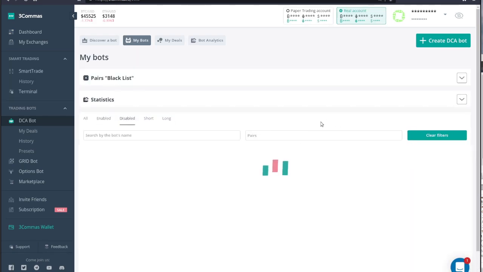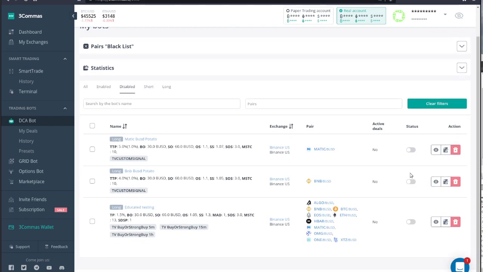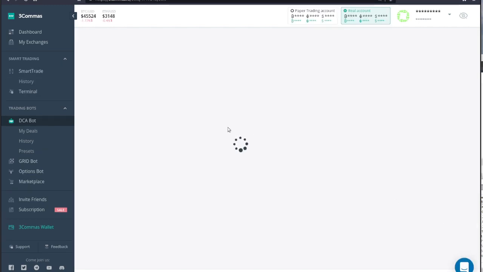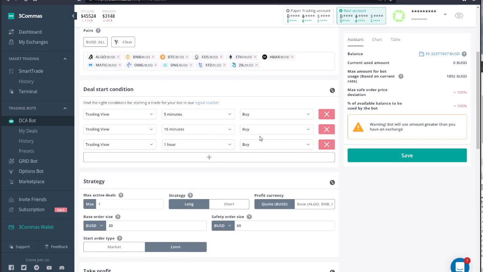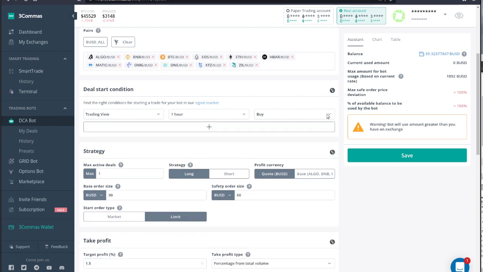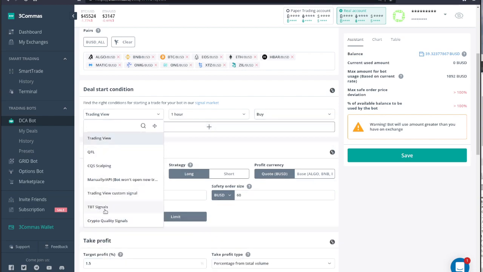I'll take a look at the disabled ones just as an example. Like here's a multi-pair bot, and actually I could probably figure out a way to program this. See, there's no start deal right away, because then we can make some serious profits by trading multiple pairs.